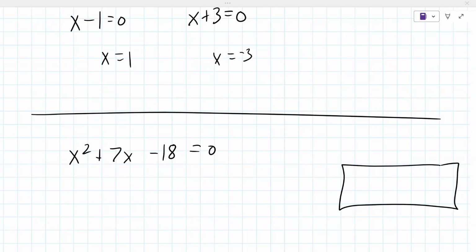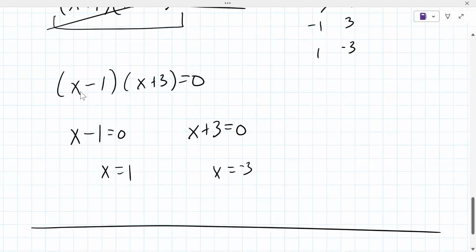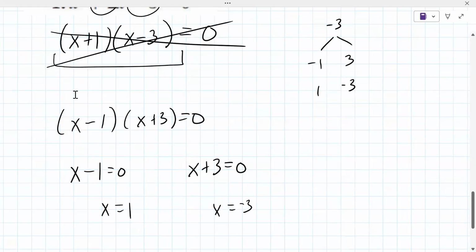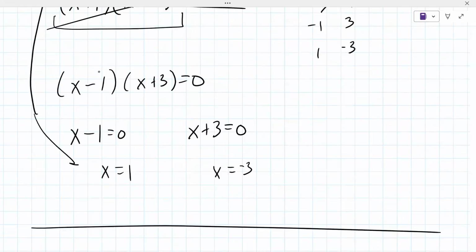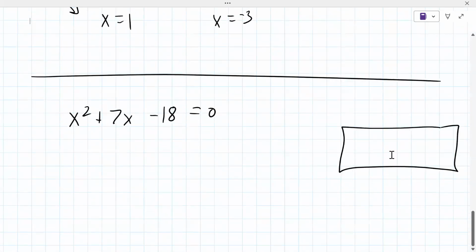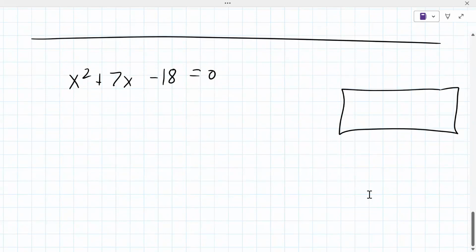Would it be x-2 and x+9? So while that may be correct here, I'm asking you to go all the way from start to finish. Imagine I'm a computer and I can only grade your final answer. I don't know what you've done to get there. This is my way of putting you on the spot, saying, okay, let's see what you can do here.